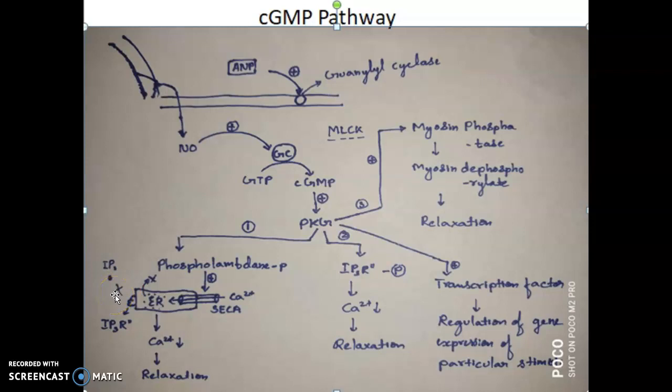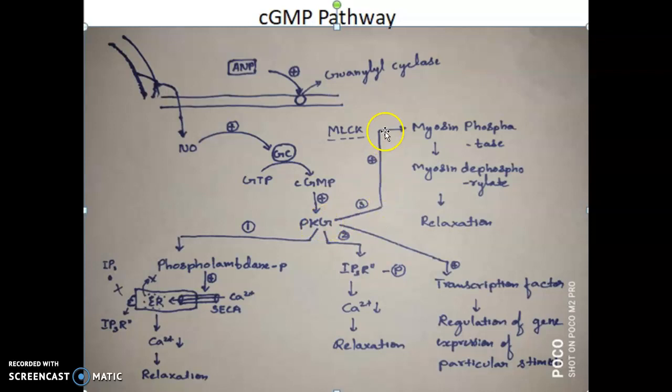But since PKG, that is protein kinase G, phosphorylates this IP3 receptor, inositol triphosphate cannot bind to the receptor, so the calcium ion doesn't flow out, it stays inside. Again, there is a calcium ion decrease outside the endoplasmic reticulum. Thus, again, relaxation occurs.